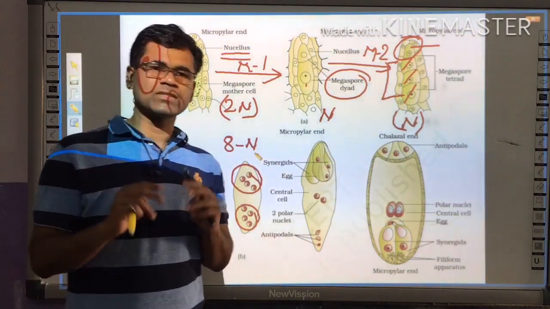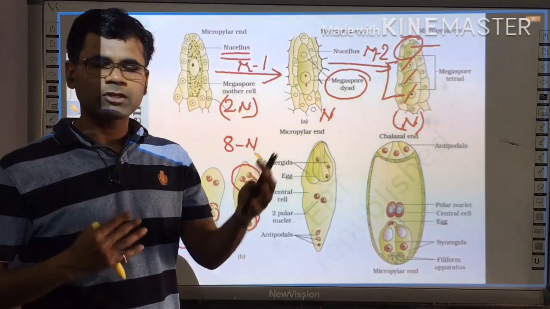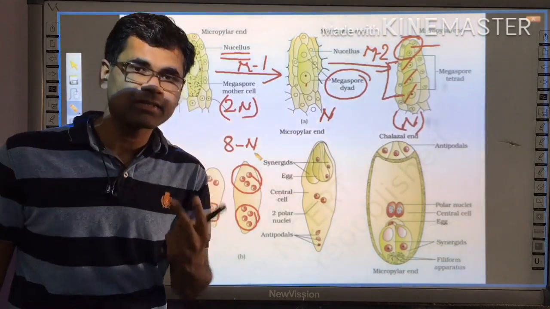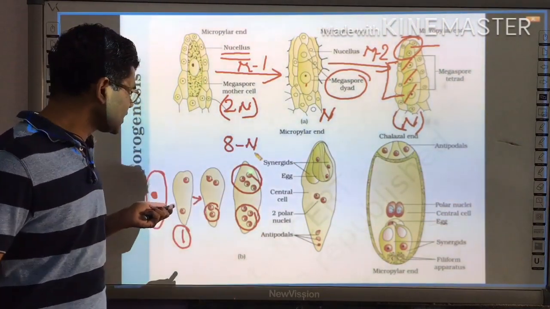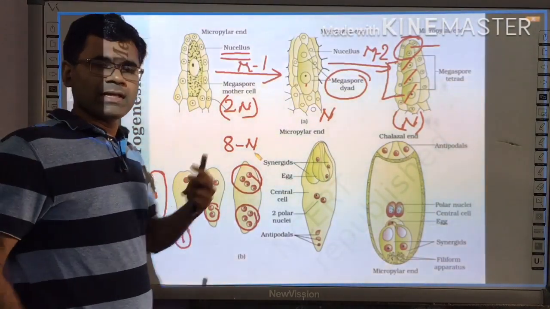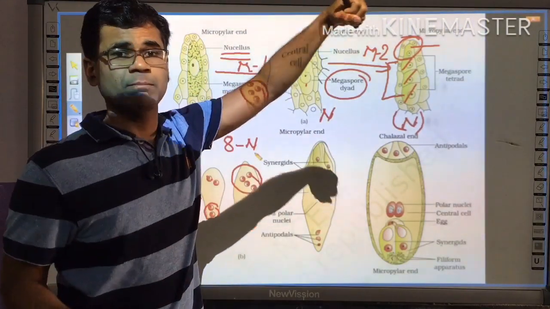8 nucleated stage. Since cytokinesis does not take place, we cannot say it is an 8 celled stage. It is the 8 nucleated stage. Now these 8 nuclei start migrating to their defined poles.